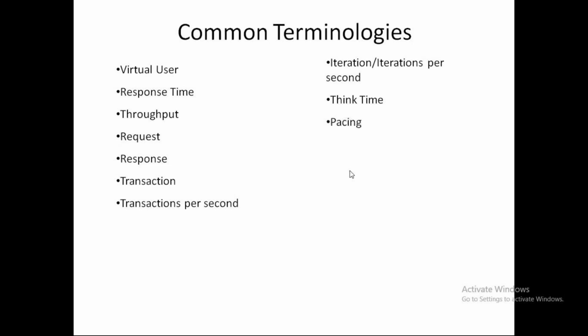If you want to provide a time gap between the two different iterations, that will be your pacing. So the time gap between transactions is your think time. The time gap between your iterations is the pacing.